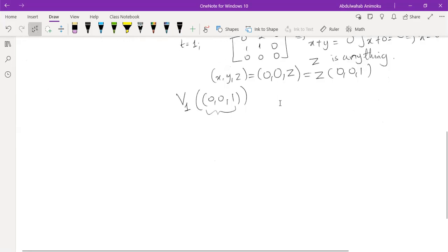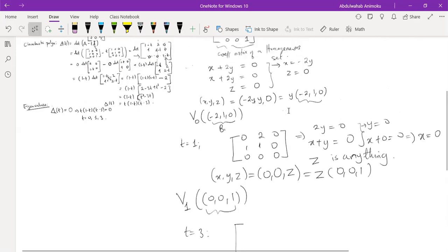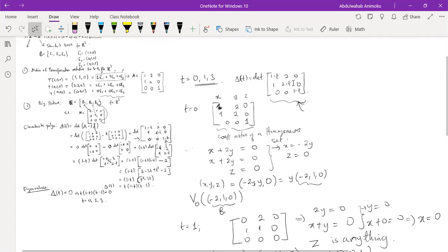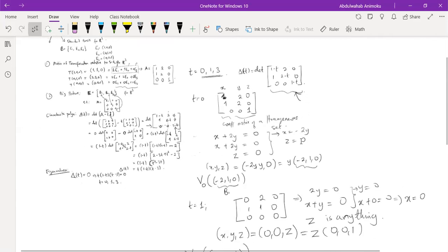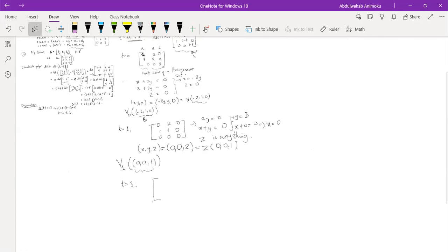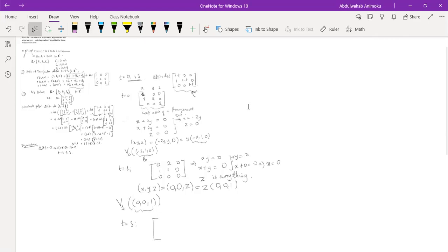Now, finally, let's go to t equals 3. So when t is 3, what does that give us? Again, we input 3 into this matrix here, right? So when we replace t with 3 in the matrix that we had before, what does that give us?